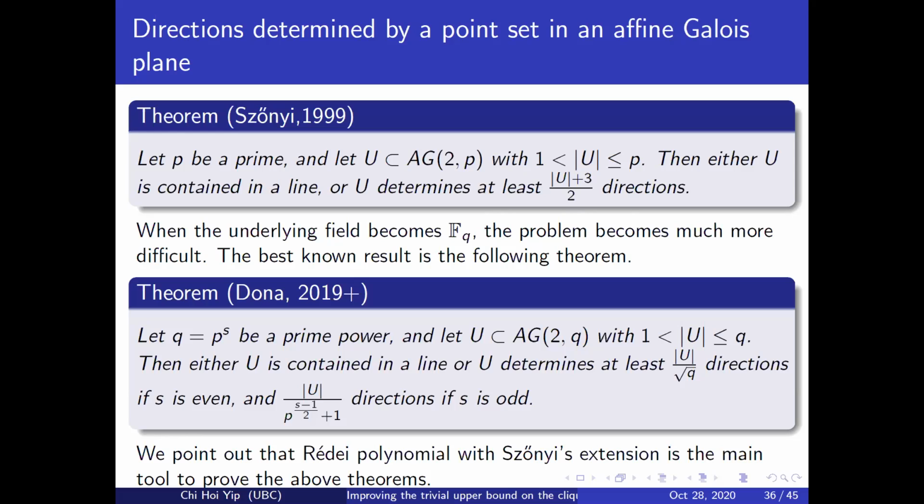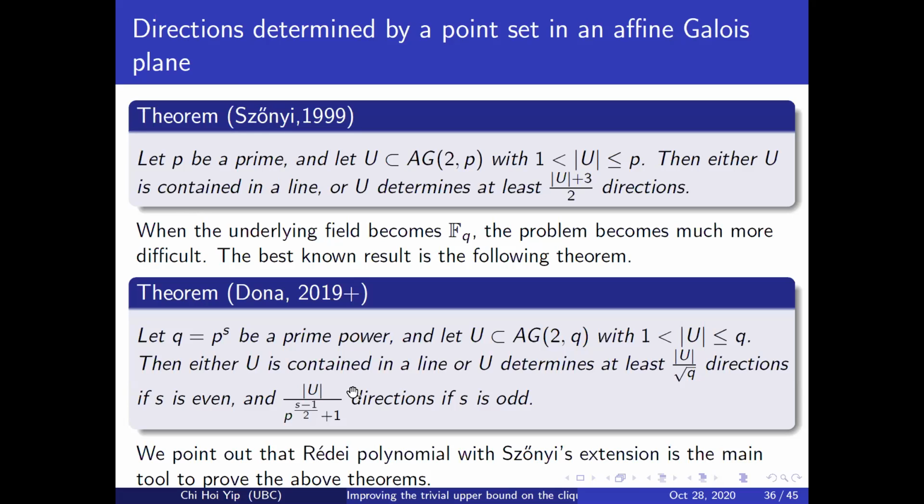And the best known result is by Di Benedetto, Solymosi and White. So we have a similar setting, but we just change this AG2P to AG2Q. And the conclusion is that either U is contained in a line or U determines at least U over root Q directions, when this power S is even.